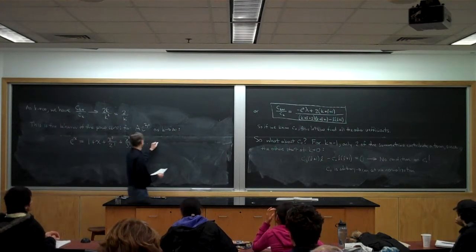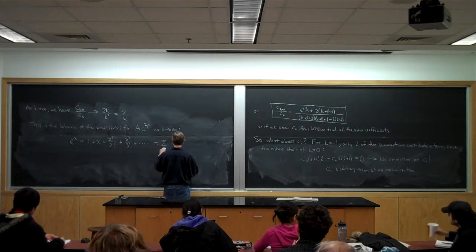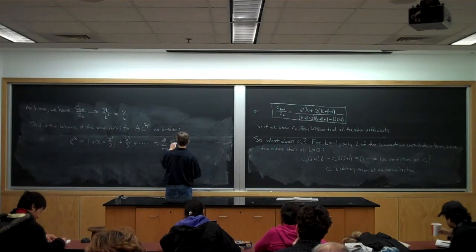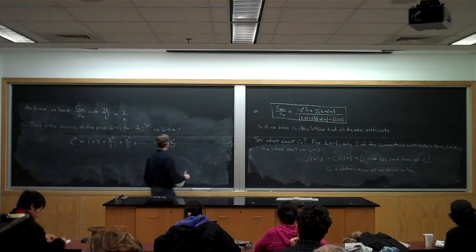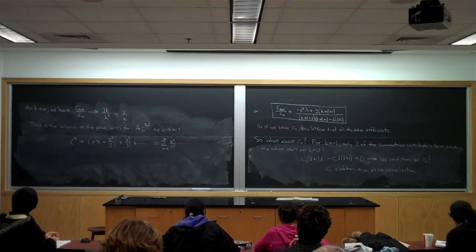Or in other words, it's equal to the sum from n equals 0 to infinity of x to the n over n factorial. That's the power series expansion of e to the x.